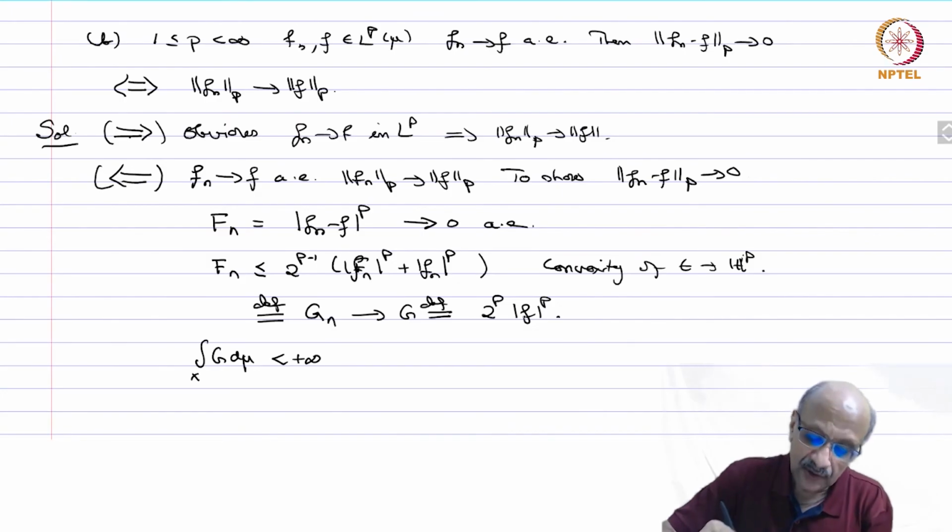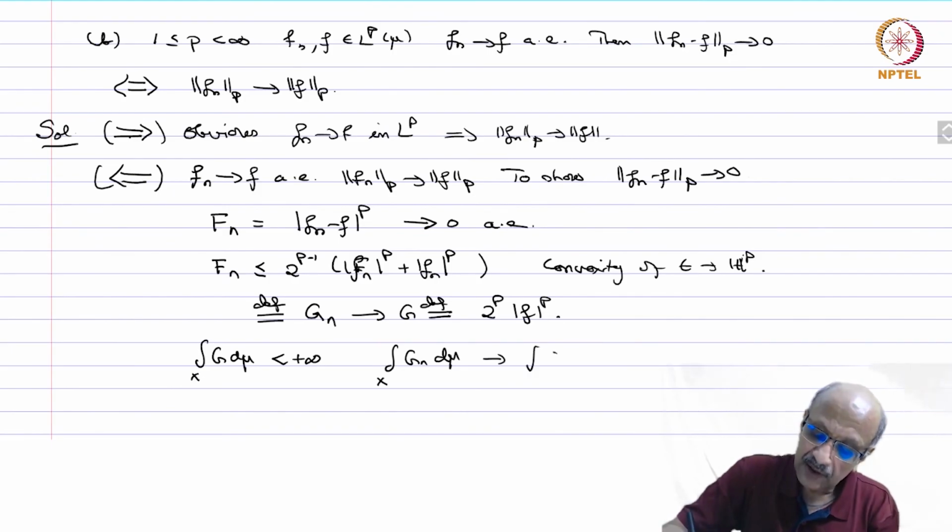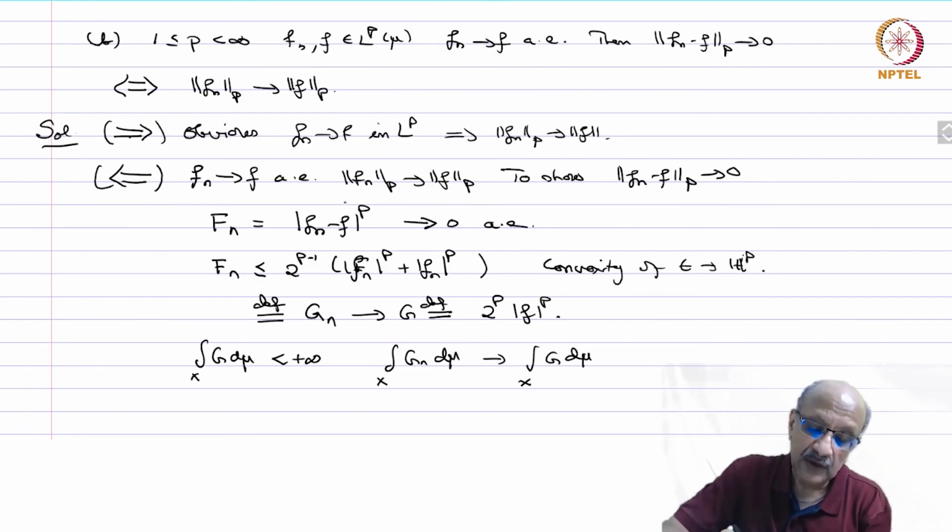Also integral Gn d mu over x goes to integral G d mu over x, and that is precisely where we are using this part of the hypothesis.